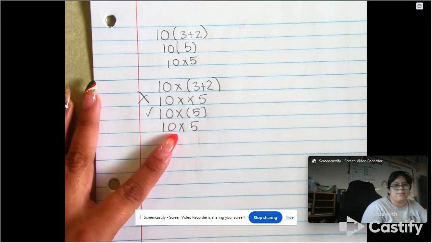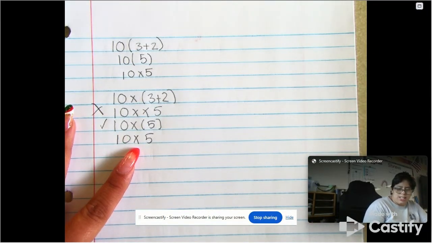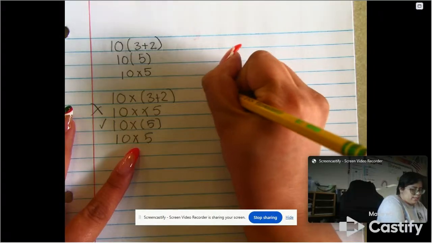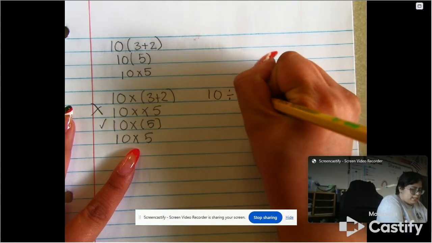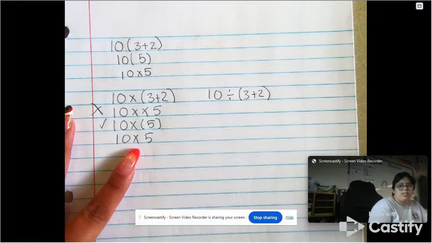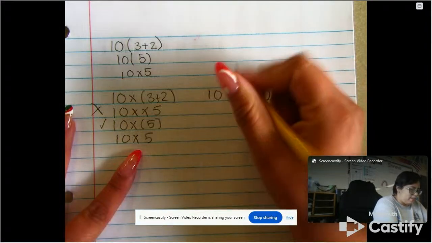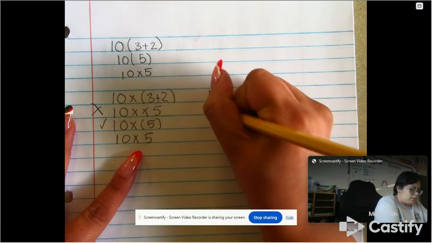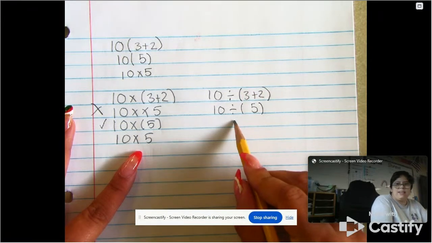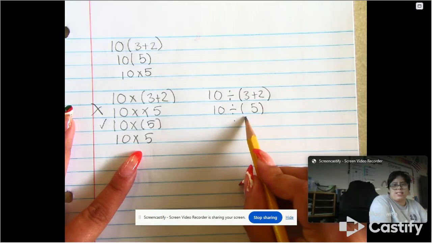What if our operation is something like this, where we have 10, the division symbol, parenthesis 3 plus 2? We still have to do what's inside the parenthesis first. But again, we have an operation and then an open parenthesis.